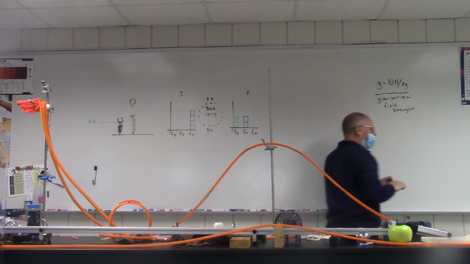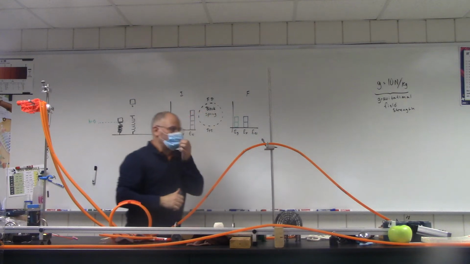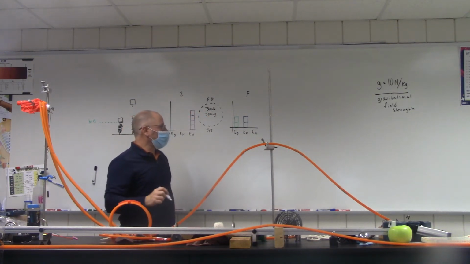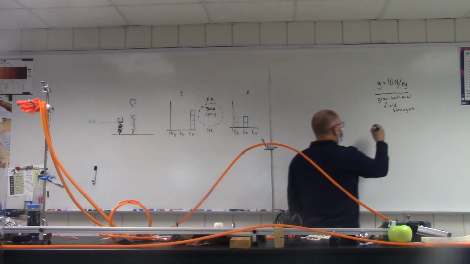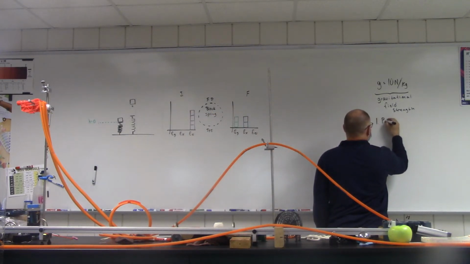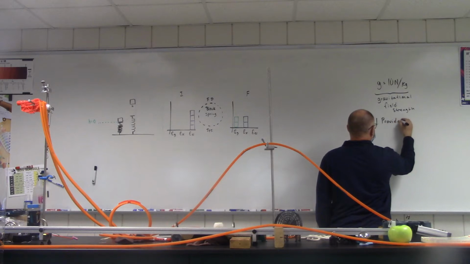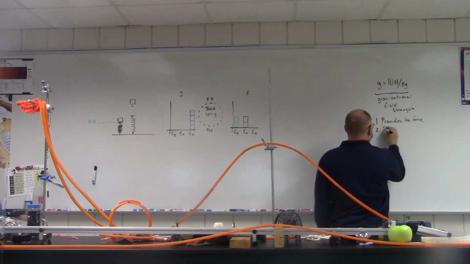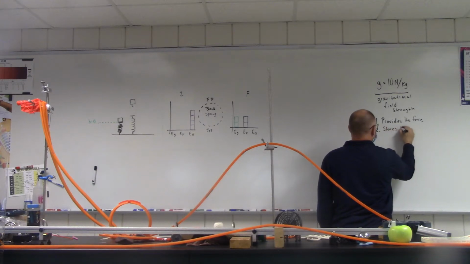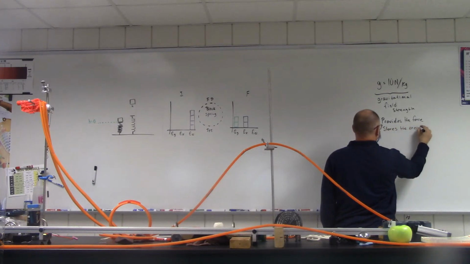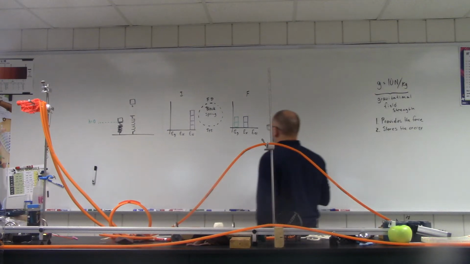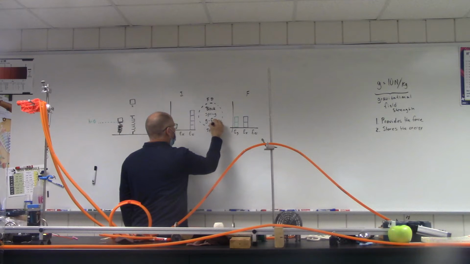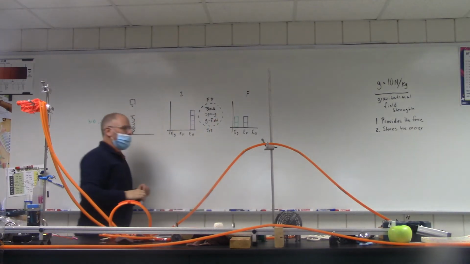The gravitational field strength tells you how strong the gravitational field is near the surface of the Earth. And the field does two things for us. One, the field provides the force, and two, it stores the energy. So when I look over here, what do I have to include in my system then? You have to include the gravitational field.